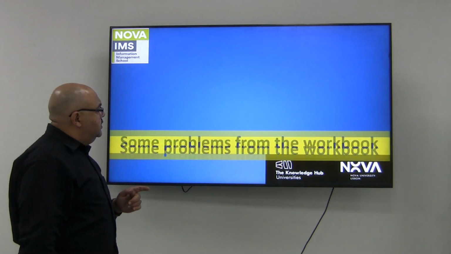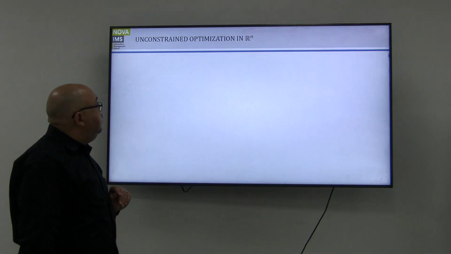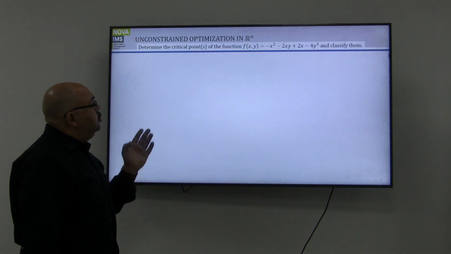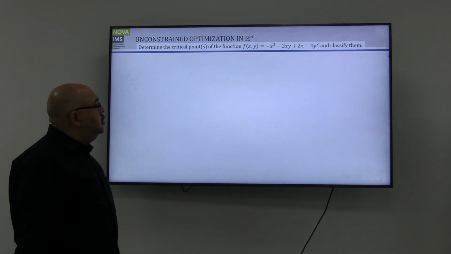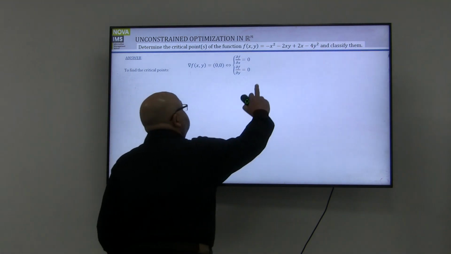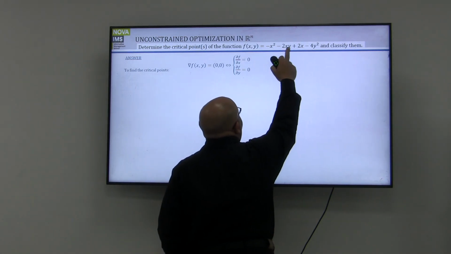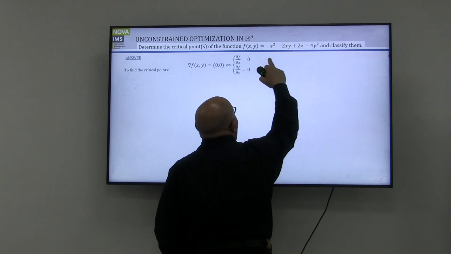Once more, this really looks like a very tempting problem from our workbook. It wants you to classify this function, so a similar procedure will be done, just setting the gradient vector equal to 0 once more. So it's going to be -2x, -2y, plus 2 equal to 0, that's for the first equation.